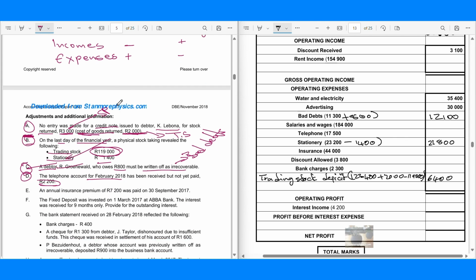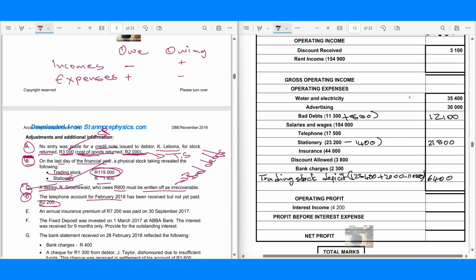Now this telephone is an expense and we need to pay the telephone account, but it has not yet been paid, meaning that we are owing. So when we owe them, we are going to increase what? The telephone account with what? With 2,200.